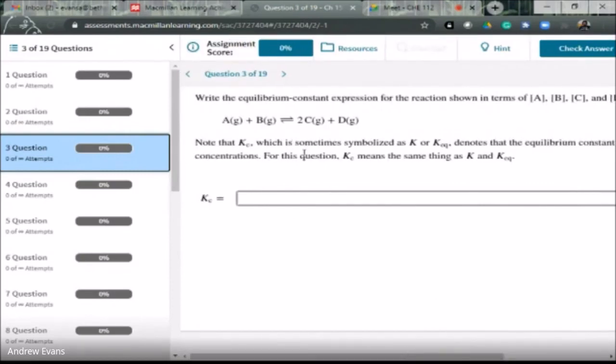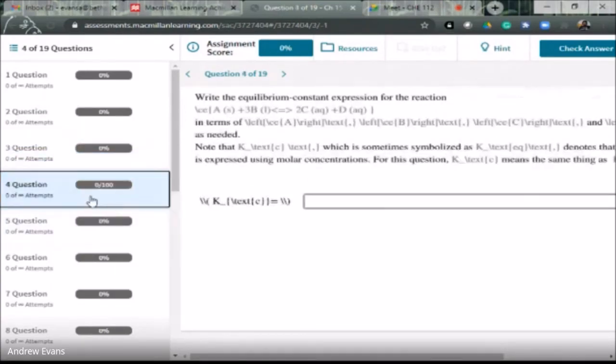Even if we're dealing with gases, put brackets if we're looking at concentration. So all this becomes is bracket C squared times bracket D over bracket A and bracket B.